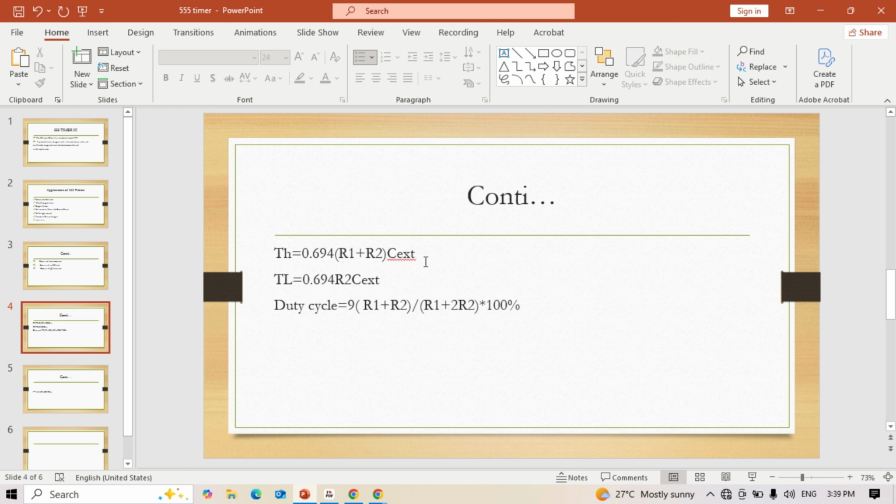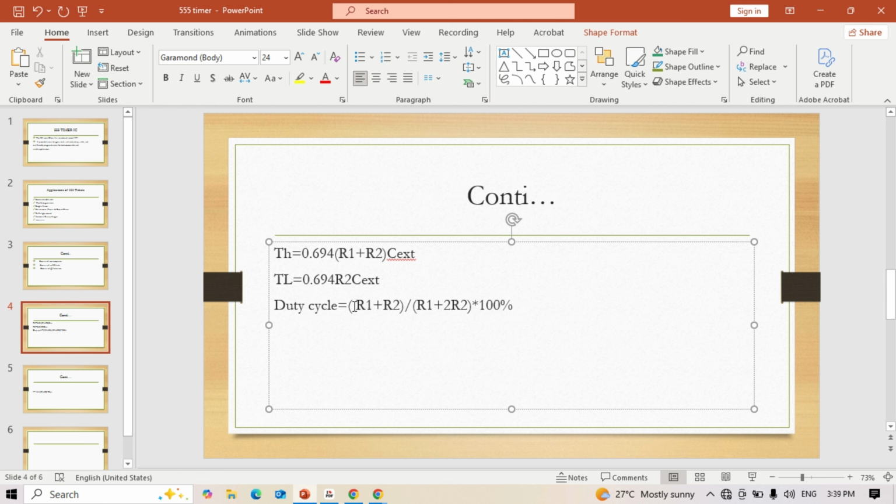What those are, we'll see in the lab session, right? T low equals 0.694 times R2 times C external. And the duty cycle is simple. You can calculate it as (R1 plus R2) over (R1 plus twice R2) times 100%, right?